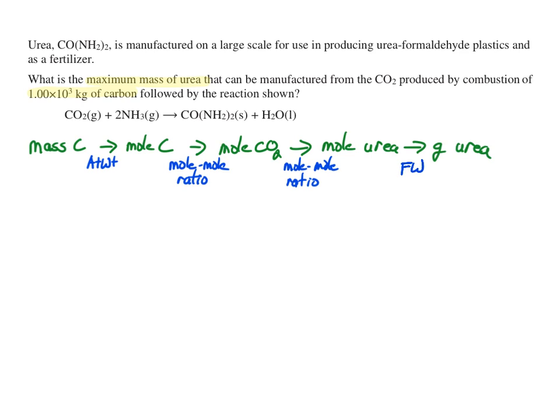So let's do our calculation. We start with 1 times 10 to the third kilograms, and that would be equivalent to 1.00 times 10 to the sixth grams. Then we can use 12.01 grams per mole of carbon. Every mole of carbon is going to result in a mole of CO2.